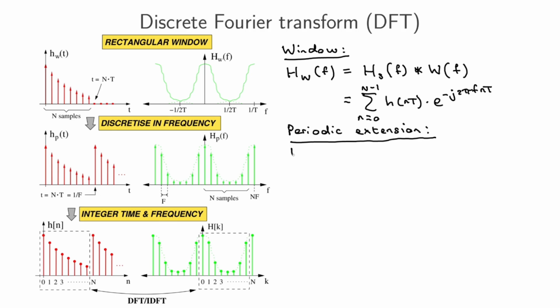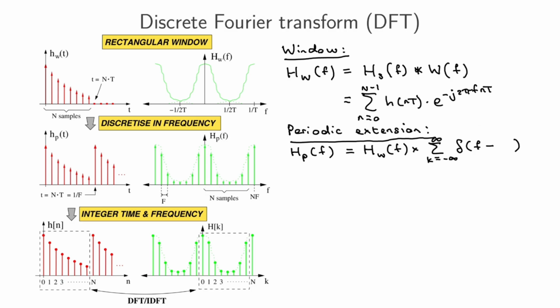So now we get some new periodic spectrum, H_p(f), and this thing is just equal to the windowed spectrum multiplied with some impulse train, going from minus infinity to infinity. So in the frequency domain, I'm multiplying with the impulse train, and so on.